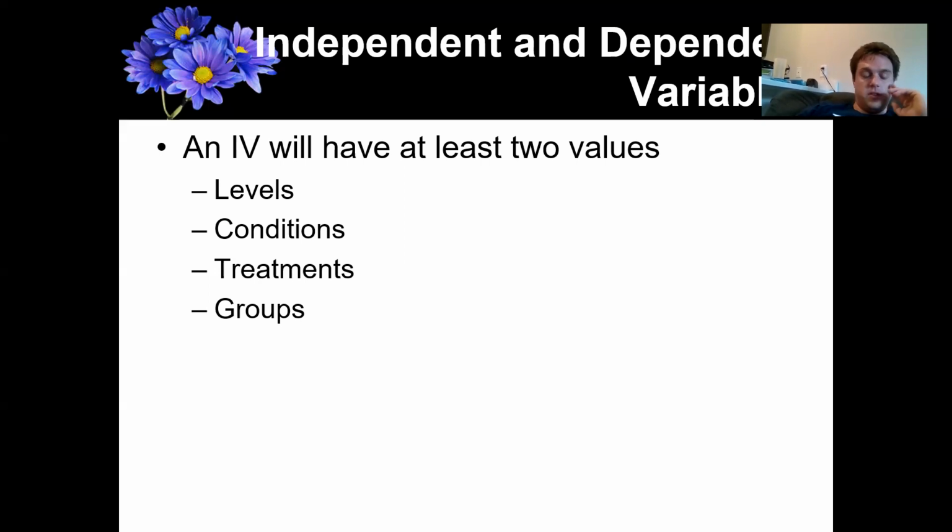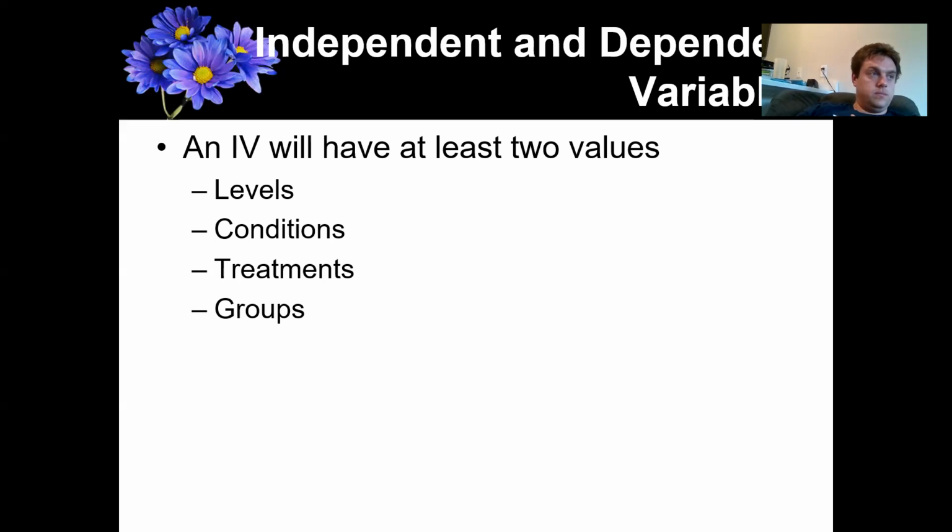Make sure you remember this because this is very important. So if I wanted to look at cell phones and driving and I had two conditions, then I also have two levels. How many different values is the independent variable going to take on? That's what we mean by levels.